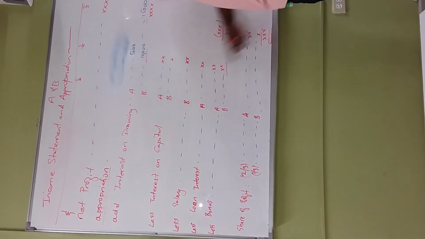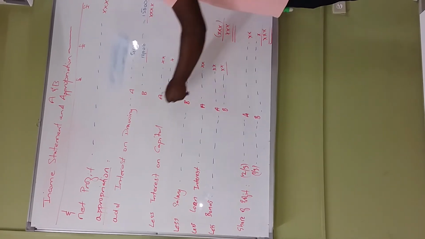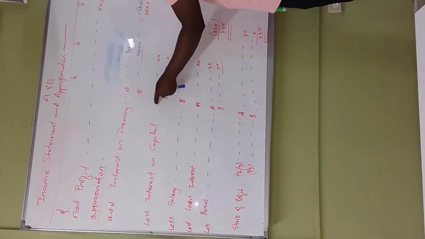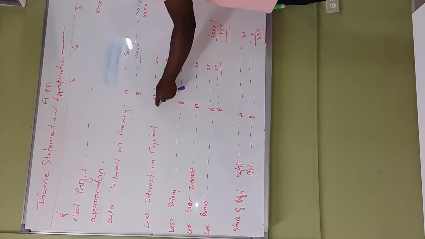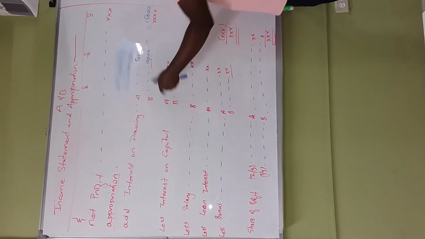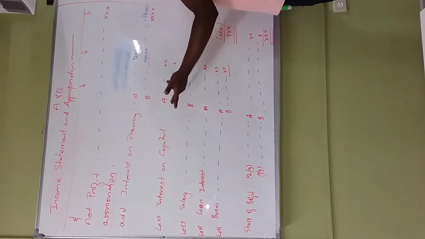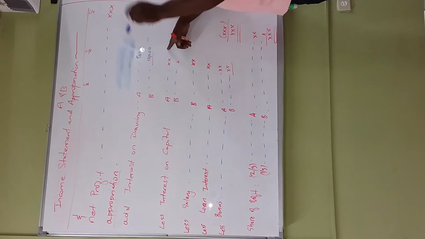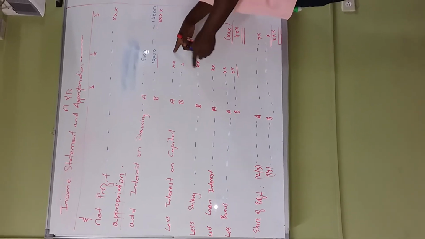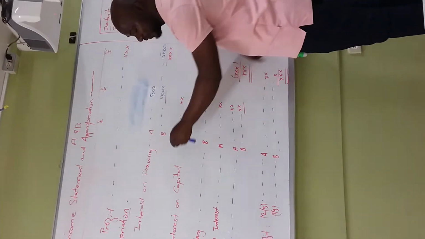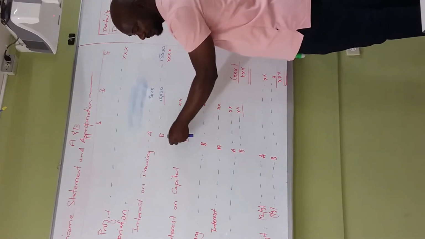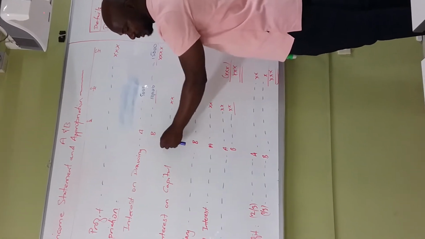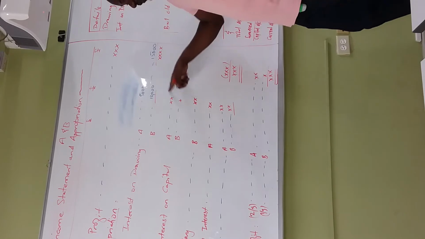So take for example, partner A had contributed a capital of say 500,000, and for simplicity we're going to use 10%. If they're supposed to be paid 10% interest on capital, 10% on 500,000 will be 50,000.